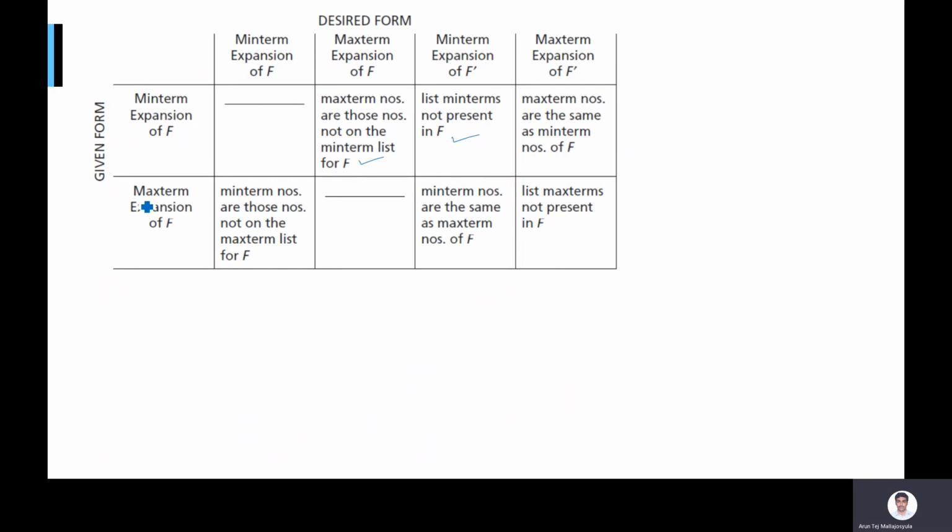Similarly, if you are given a maxterm expansion, you can get the minterm expansion by listing those minterm numbers that are not in the maxterm list. And you can get the expansion of f dash by listing those maxterms not present in f. I can also get the maxterm expansion of f dash from the minterm expansion, or the minterm expansion of f dash from the maxterm expansion of f. So it's very easy to do this conversion.